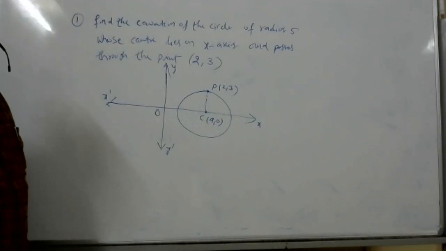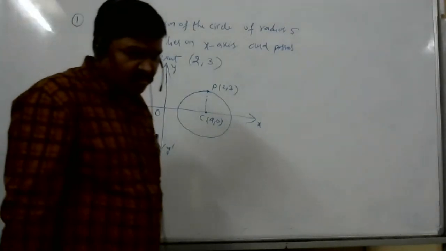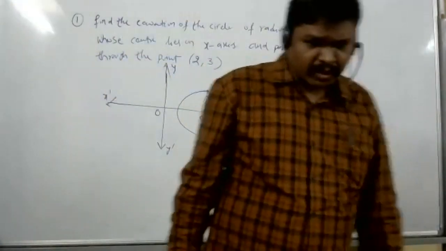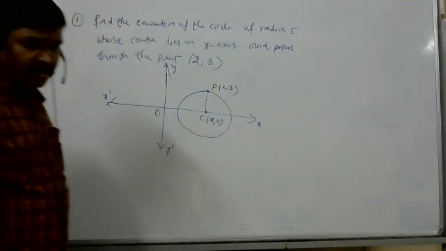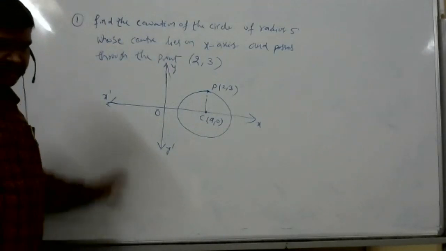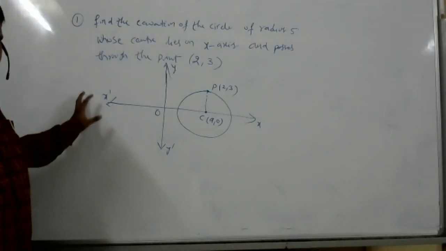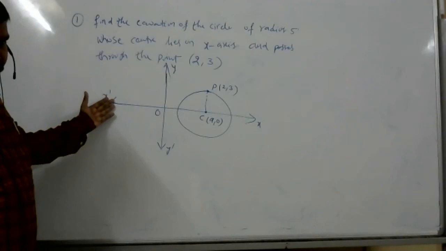Sir, won't there be two circles? Sir, there's a possibility for two circles to exist like this, no, sir? In the negative side.